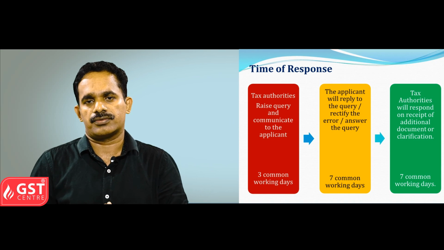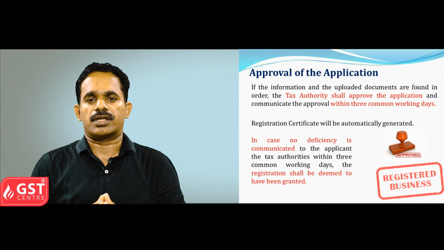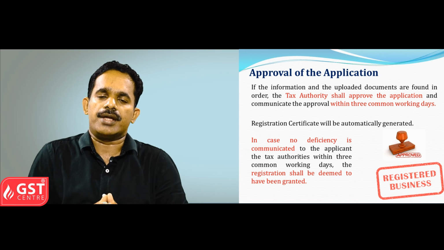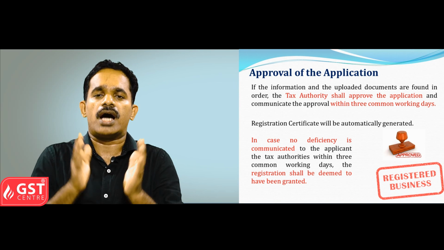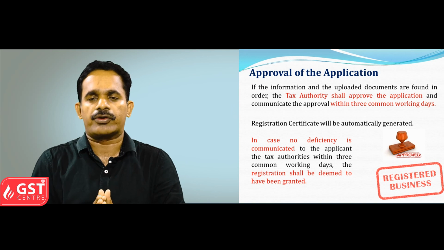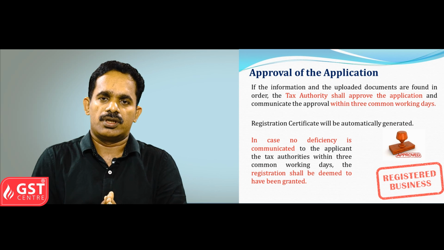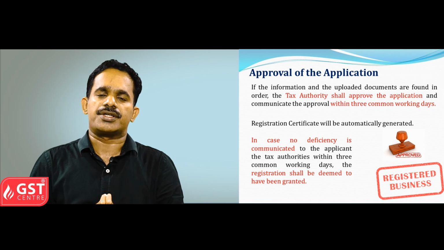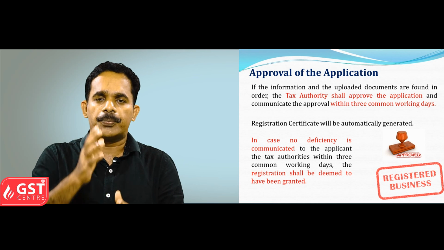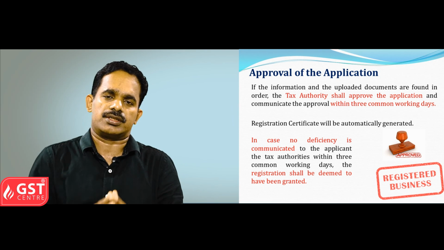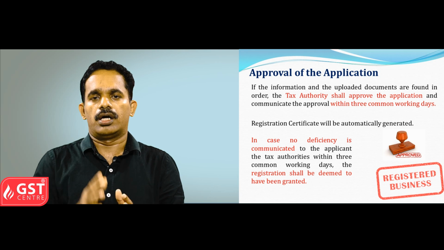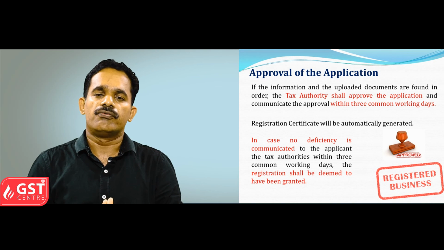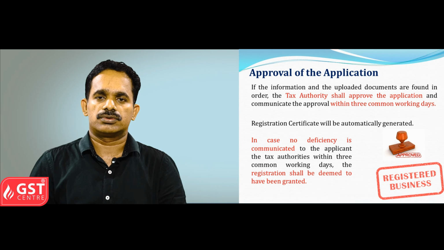7 working days. After the applicant furnishes the necessary documents and uploads the other information required for registration, the tax authority should approve or reject the registration form within 3 working days.